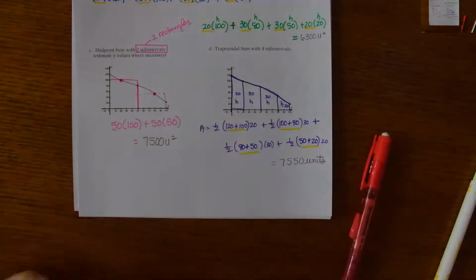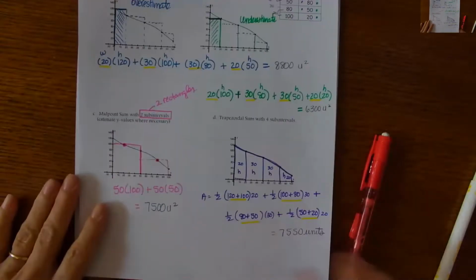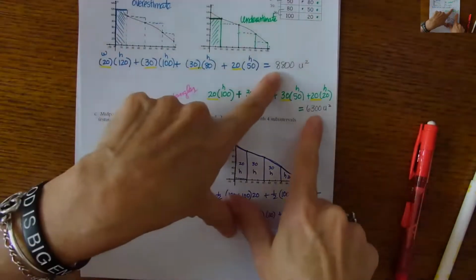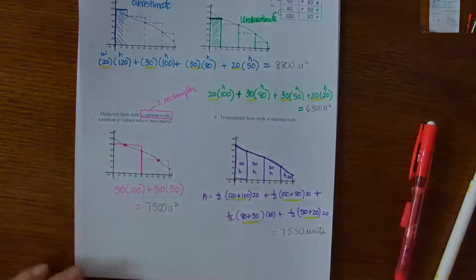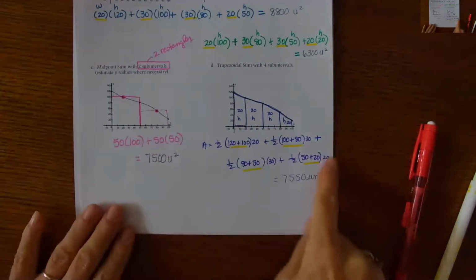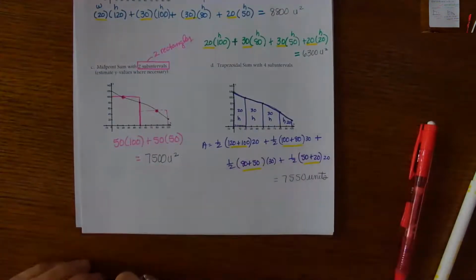Was the trapezoidal sum more accurate? It was, wasn't it? And you could have figured that out. 7550 is pretty much right in between 8800 and 6300. The midpoint got pretty close, but if you really want to be close, we want the trapezoidal.